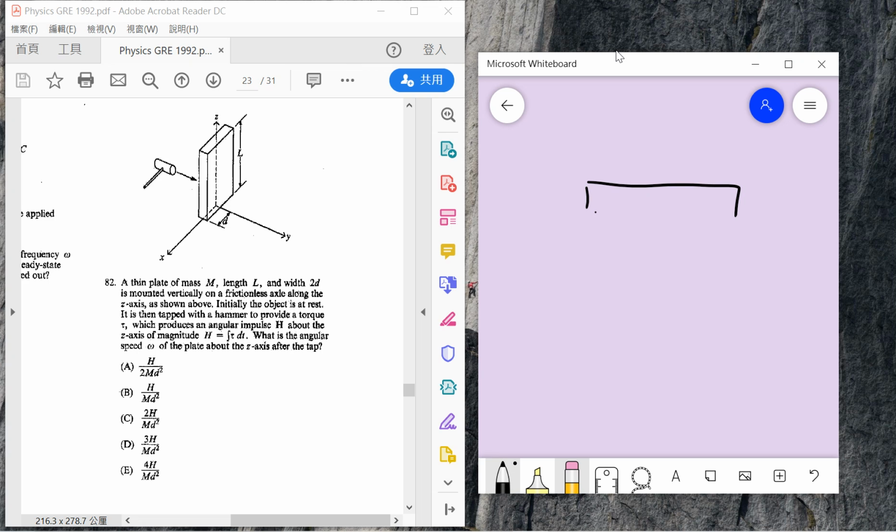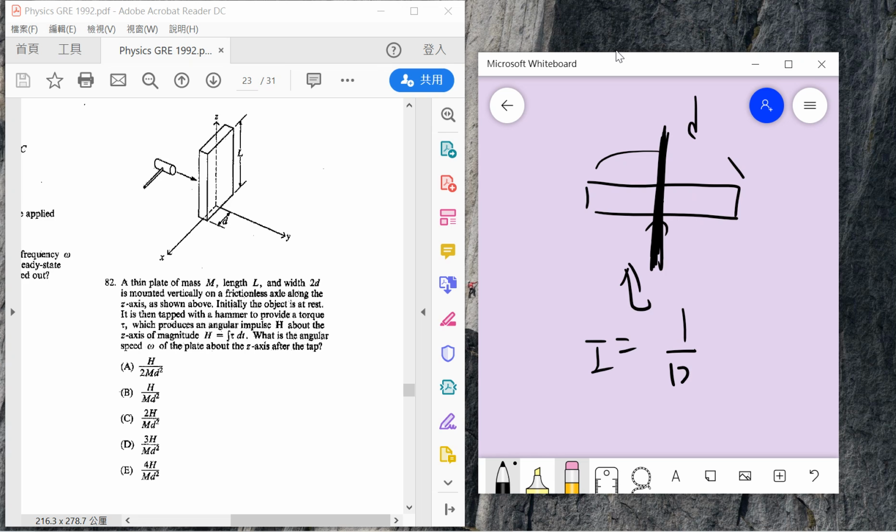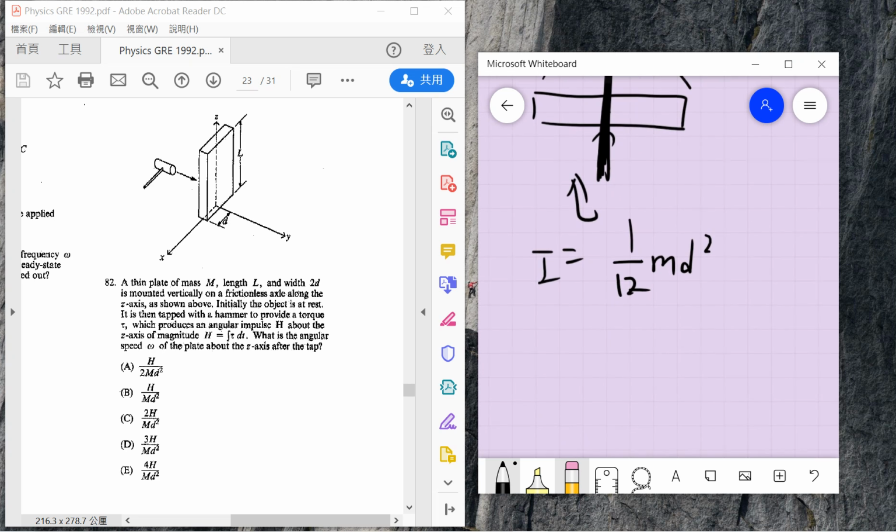You have a rod, then the I for this is, suppose this is D, then this is the result, and if the axis is here, then the I is 1 over 3 m d squared. So this is the thing you should remember. Otherwise you need to do the integration.